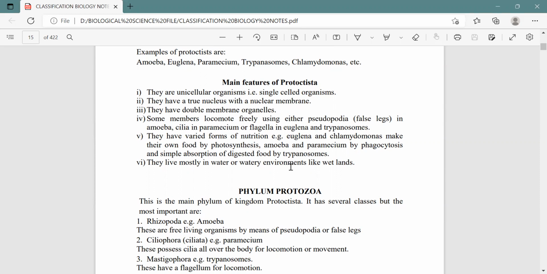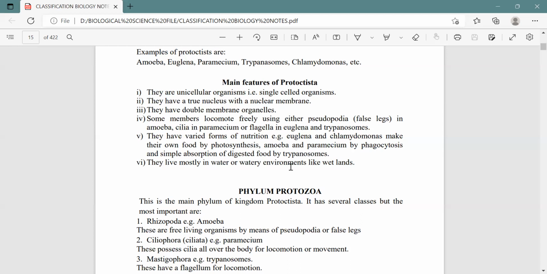I told you they have all the known cell organelles found in eukaryotes, such as mitochondria, the chloroplasts, the nucleus, the endoplasmic reticulum, the Golgi body, the ribosomes, the lysosome.